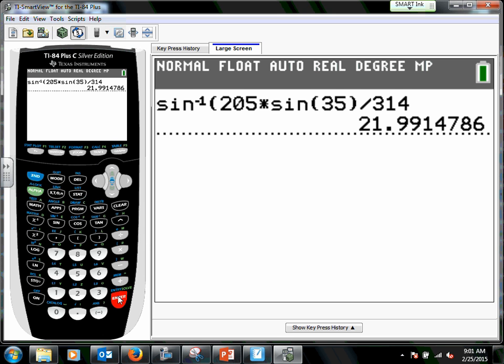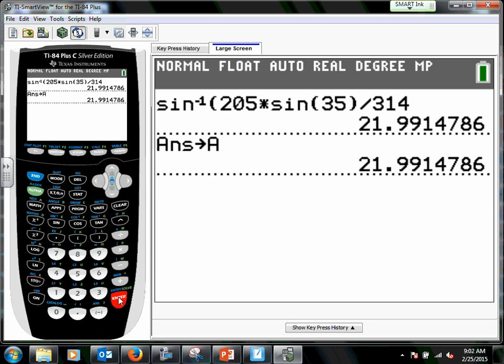If you want to keep something for later, this STO button right here, you can say store, and if you want to store it in A, you can say alpha A. That way, anytime you bring up A, it's that number.